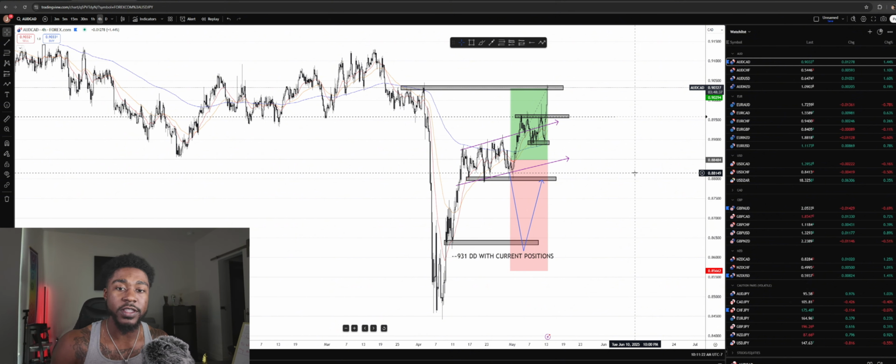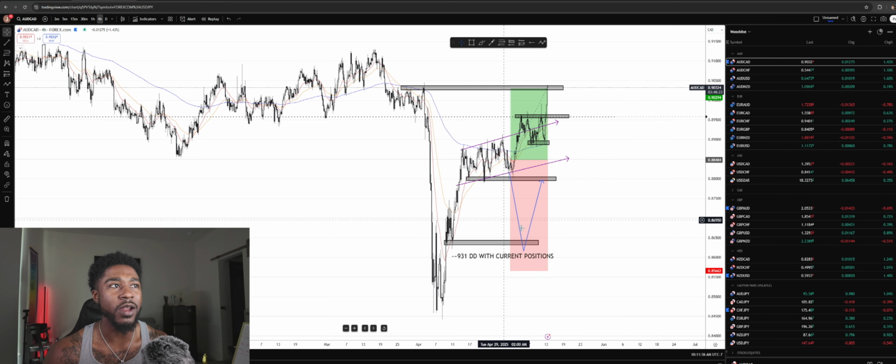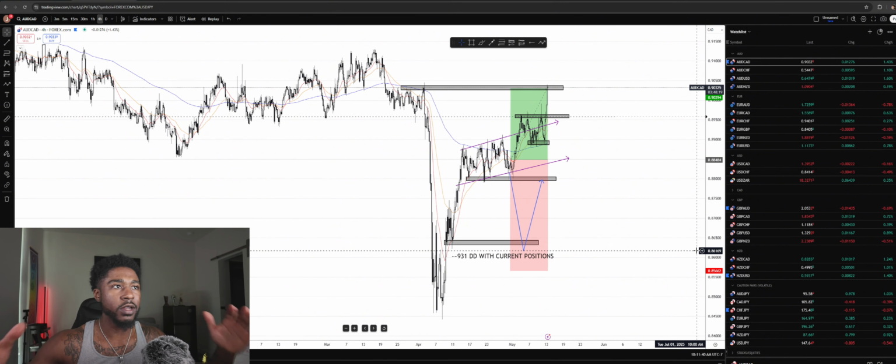I play defense with very small lot sizes, accumulating more positions until I get that push in the direction I want. It's really simple. I don't trade complicated, no order blocks, fair value gaps, liquidity sweeps. I don't do any of the extra stuff. I read market structure backed by fundamental analysis and I execute.